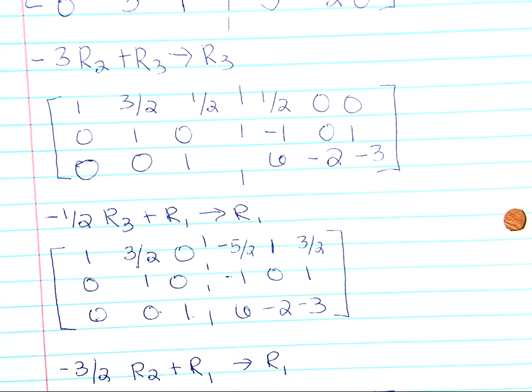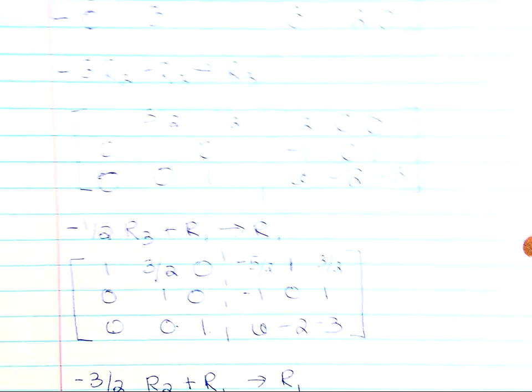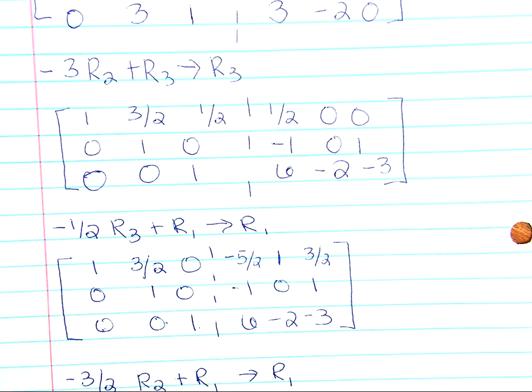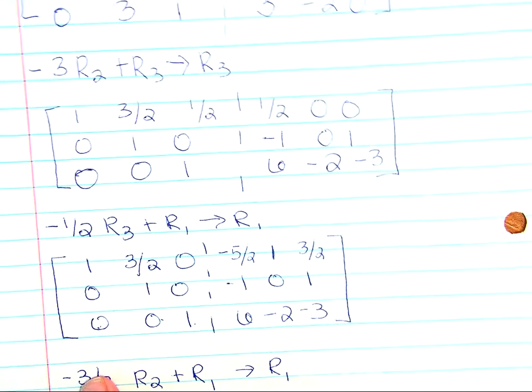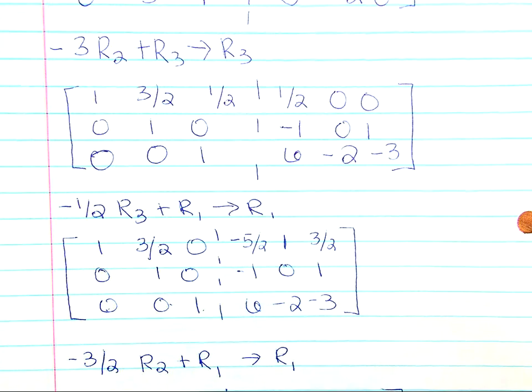So now, negative 1 times negative 3/2 is 3/2 plus negative 5/2 is a negative 1. Okay. Then 0 times negative 3/2 is 0 plus 1 is 1.